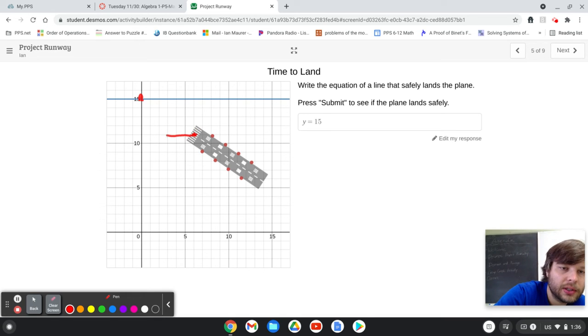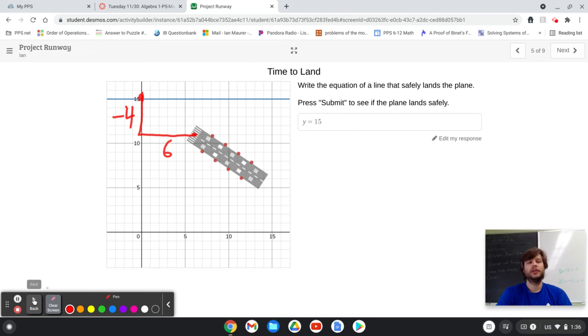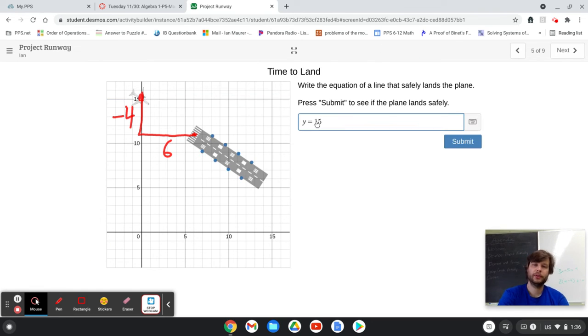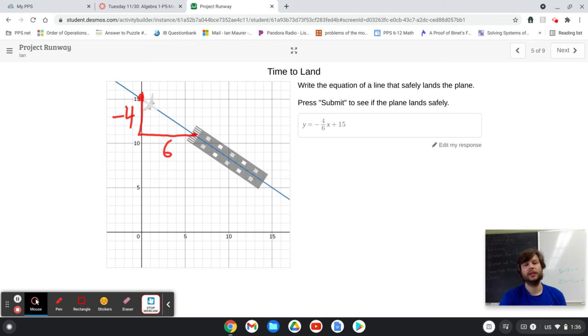Connect those dots with the slope triangle. Looks like we went down by 4, from 15 down to 11, went over by 6. So I've got rise over run, negative 4 over 6. You can throw that in here, negative 4 over 6x plus 15 because it's a positive 15 y-intercept, and we got it. Every land the plane activity can be modeled the same way.